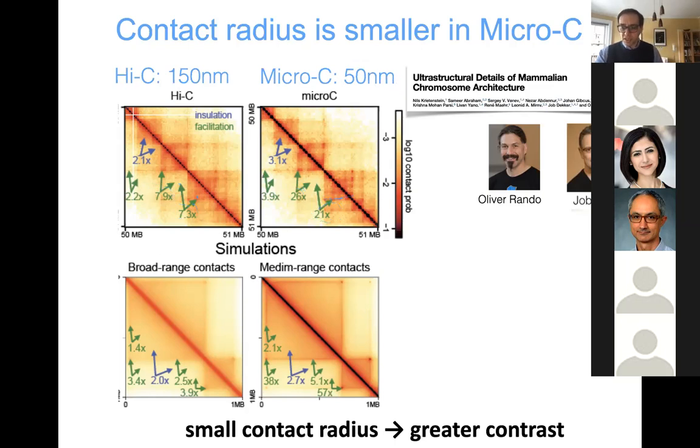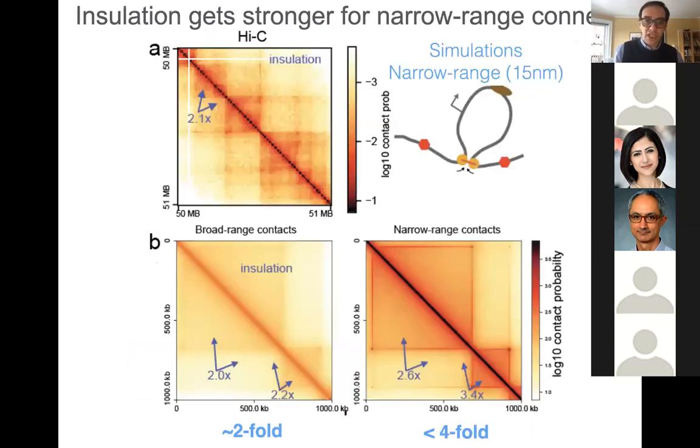And we see this also in simulations. As I told you, the features get stronger at the smaller contact radius. Now the question is, what about insulation? Because that's where we all started. And if you look, insulation doesn't quite get much stronger.